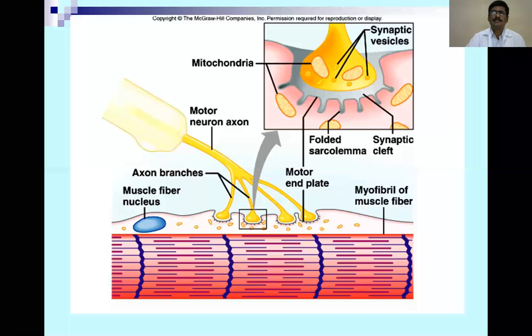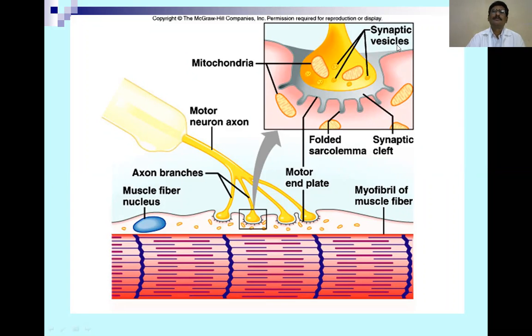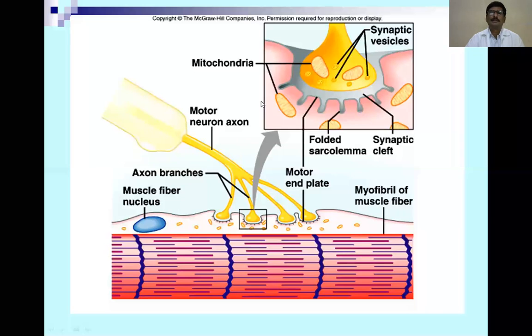In most cases, this entire area externally will be covered by a Schwann cell, which prevents the diffusion of neurotransmitter from this area, so it sharpens the signal. Two or three Schwann cells, which are glial cells, will come and cover this area. So this is the structure of the neuromuscular junction.